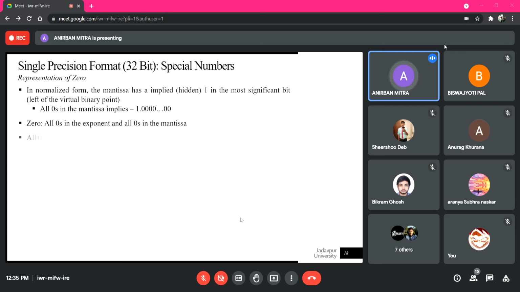So it is quite impossible to represent 0 using this format. That is why that special place or special exponent was reserved to indicate 0. So what do we do here? All zeros in the exponent and all zeros in the mantissa.